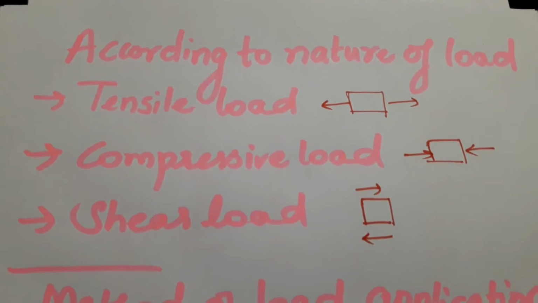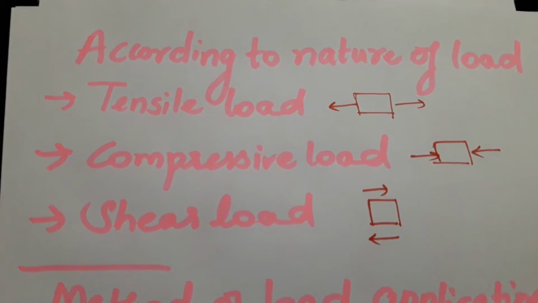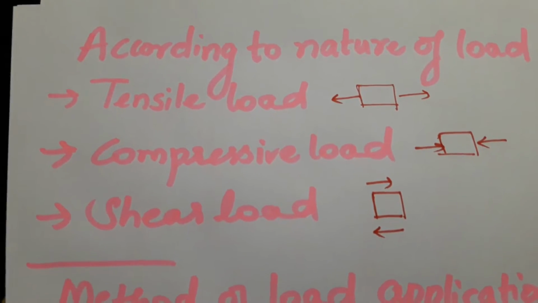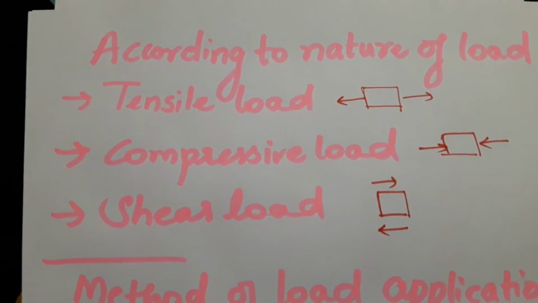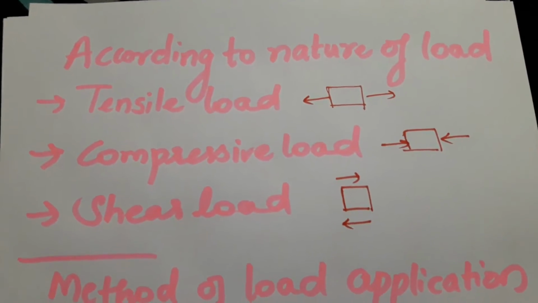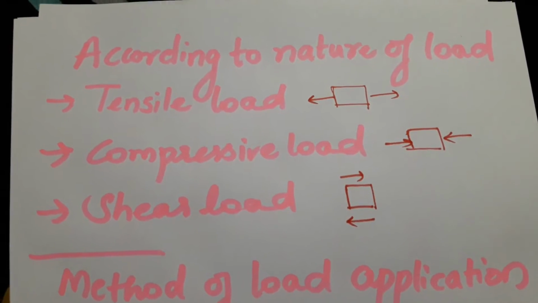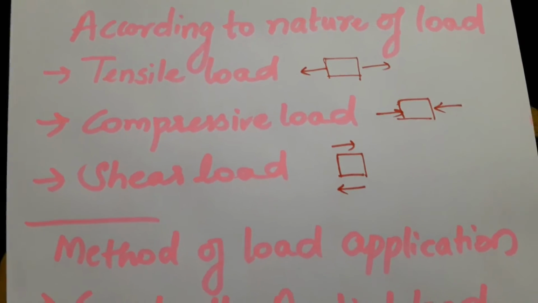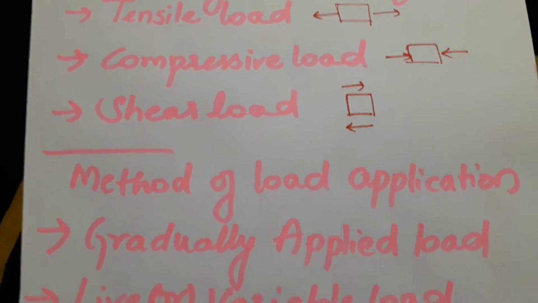The second one is compressive load, when the system is subjected to two opposite and equal pushes. The third one is shear load, when the system is subjected to tangential loading in clockwise or anti-clockwise direction.